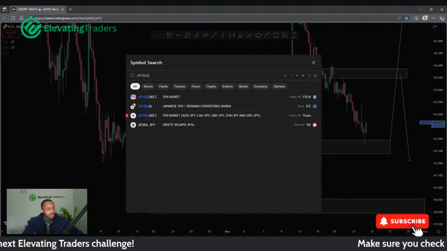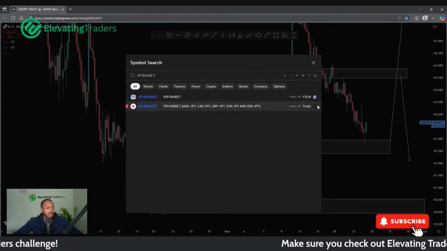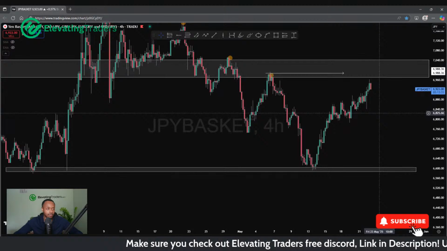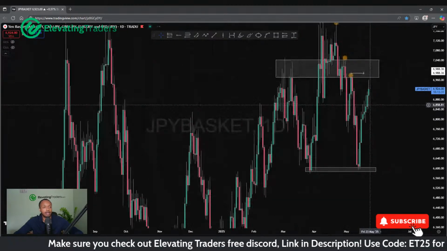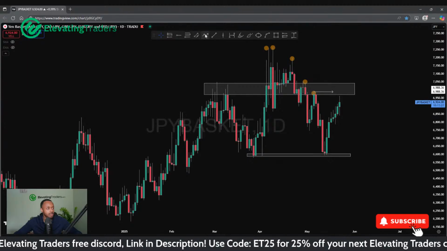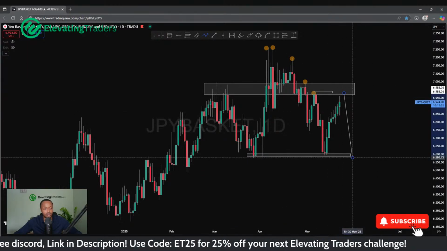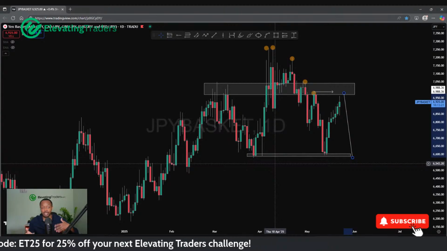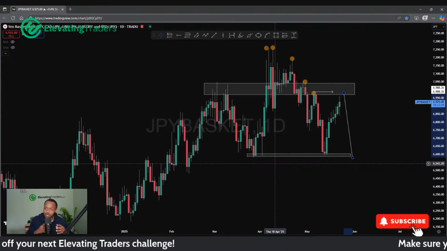A key thing to keep an eye on would be the yen basket. I think it's still a nice place for a short, as I said earlier. As long as we don't break resistance here at 7K, I do think the yen basket can still give us a push down, because it is inversely correlated to the yen pairs.